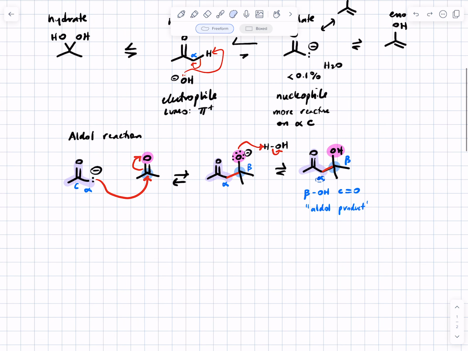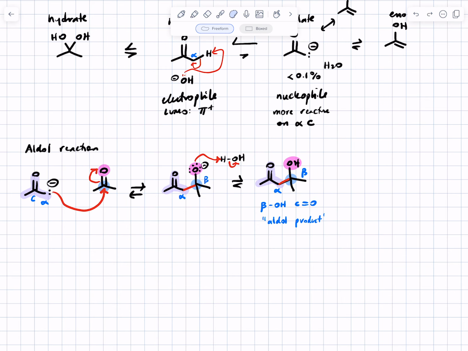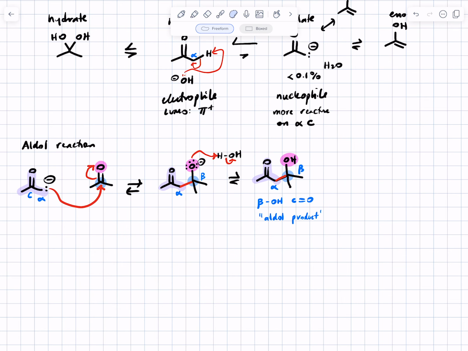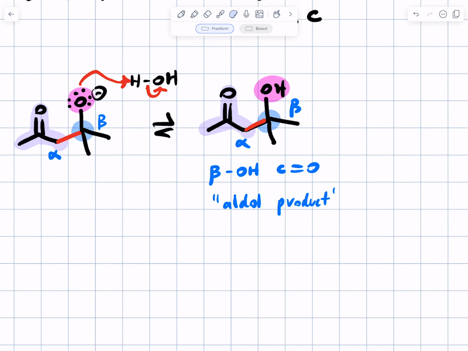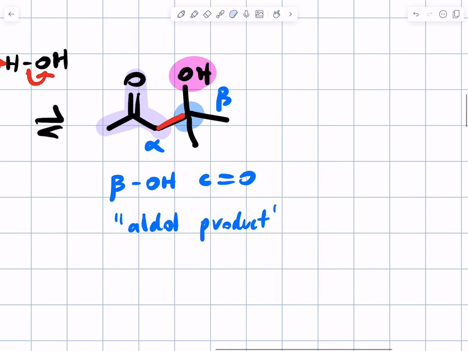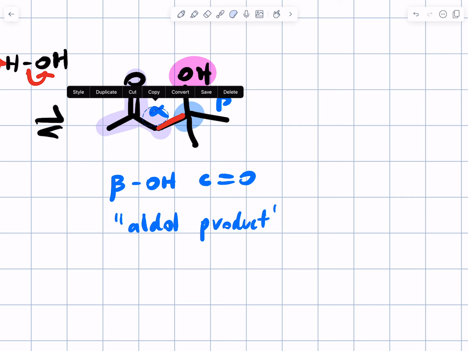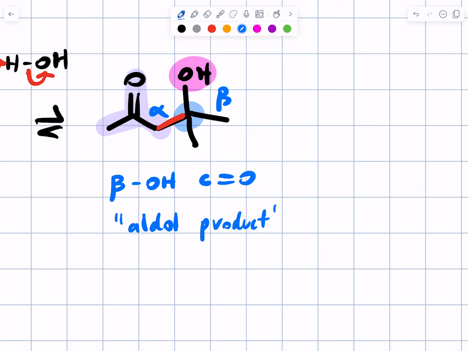Often the reaction doesn't stop here, but continues on to an alternative product, and you need to be able to recognize both as products of the aldol reaction. And what can happen at this stage is, if you notice, the aldol product still has alpha protons.